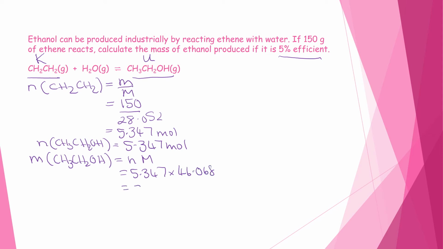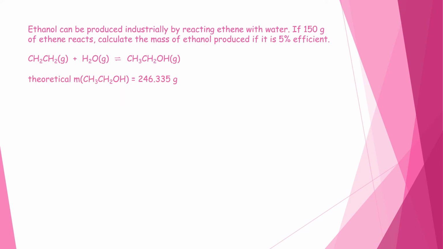And this comes out to 246.335 grams. Now this is if we had 100% conversion. So this is actually the theoretical quantity that we would get. So now we need to apply our percentage yield.